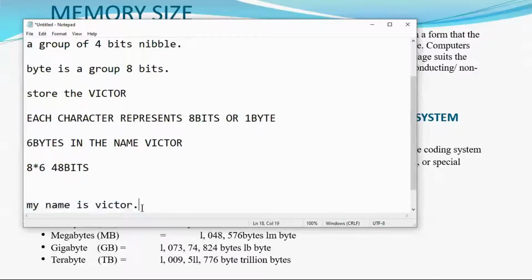Now, if we have 18 characters, then each character represents 1 byte. That means the computer needs about 18 bytes to store this sentence. If we want to find that using the number of bits, we are going to multiply the 18 by 8 to get the number of bits the computer memory has to reserve to store this sentence.